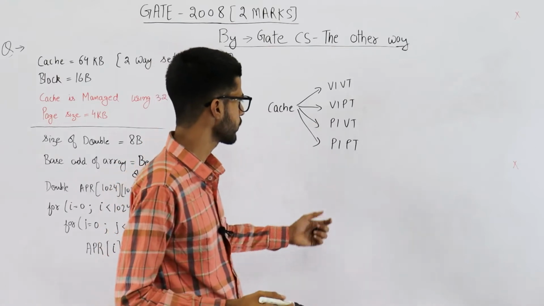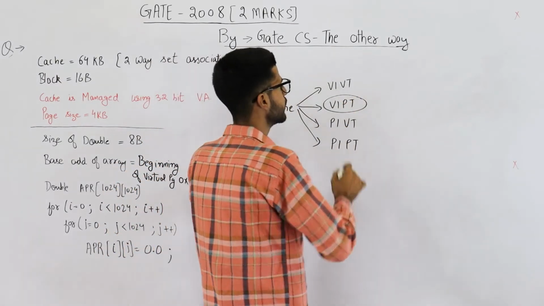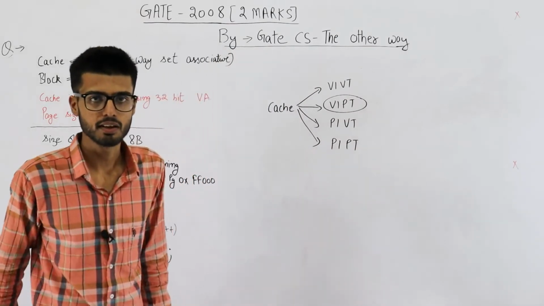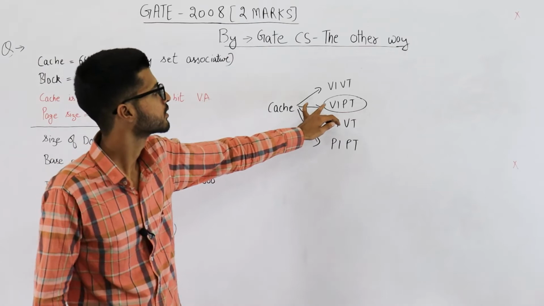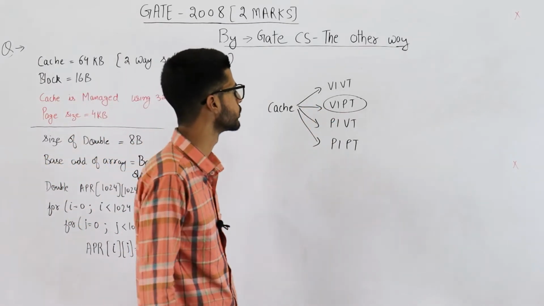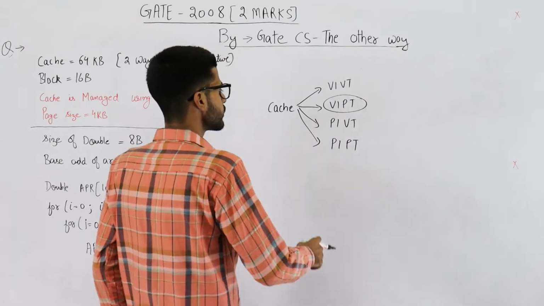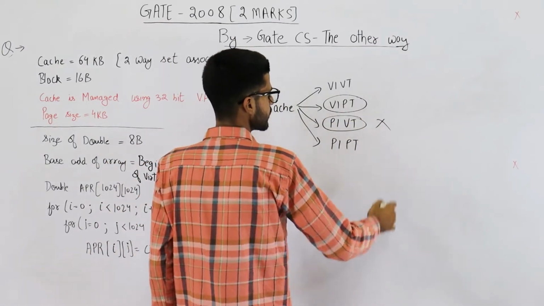The most common one is virtually indexed, physically tagged. This is what is used practically. Most of the L1 caches these days are VIPT. Also, this one is just a theoretical concept.